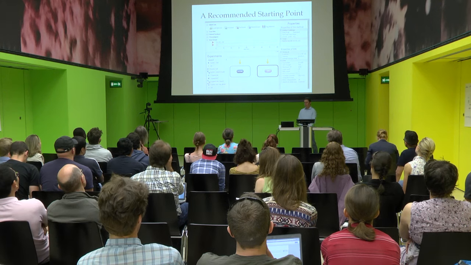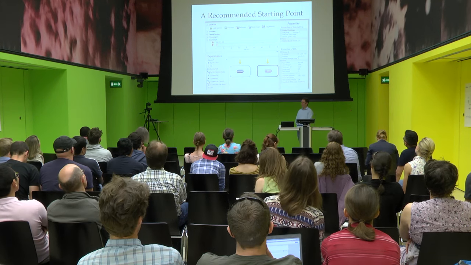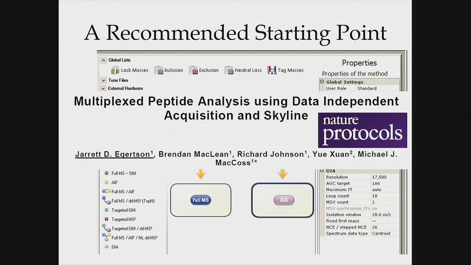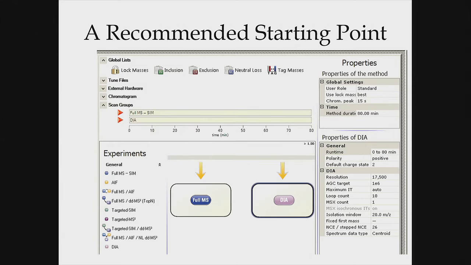Okay, so again, now a recommended starting point. This, by the way, is published now. This is in Nature Protocols. It's a protocol describing a lot of these factors in much greater detail, in sort of this thought process. And it ends up also with this idea of a somewhat optimal method.